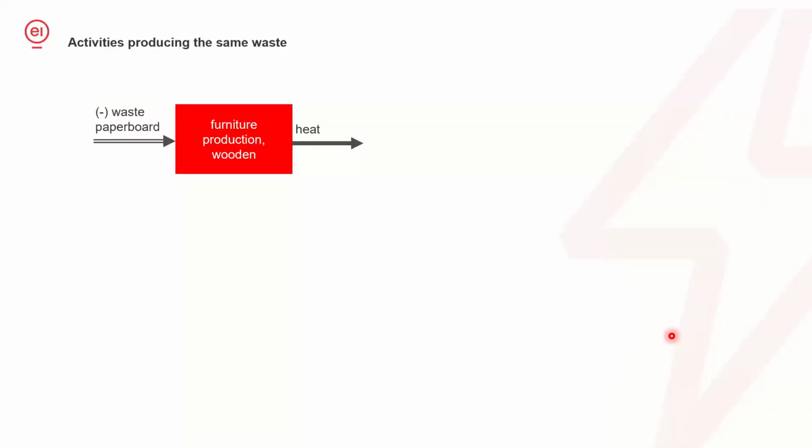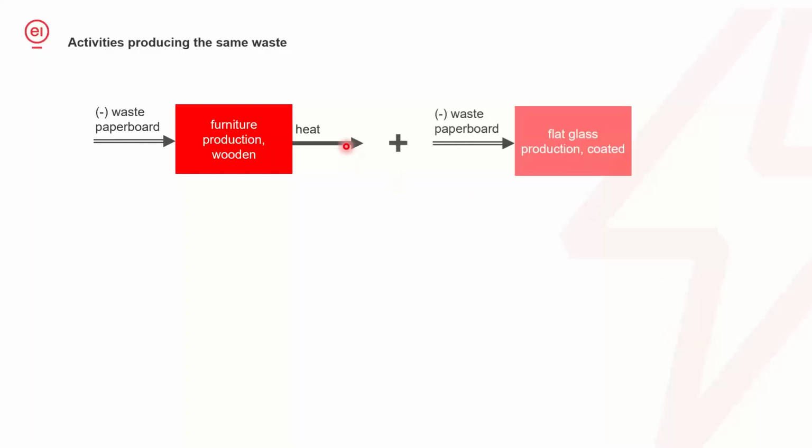So when we look at the database and all the more than 19,000 datasets, we have many different activities that produce heat. Here, for example, both activities will produce heat.